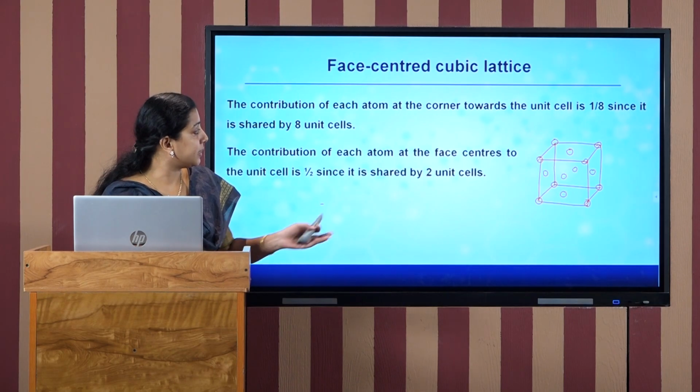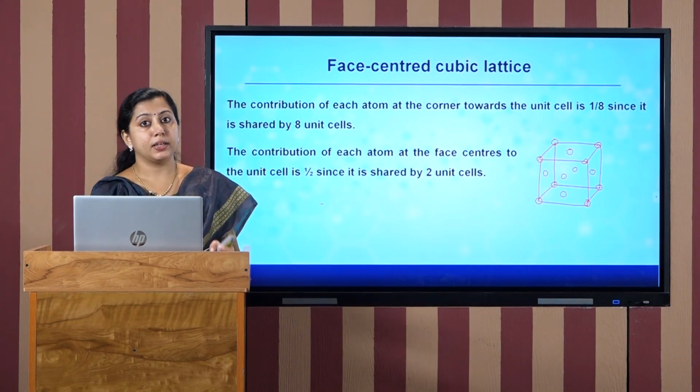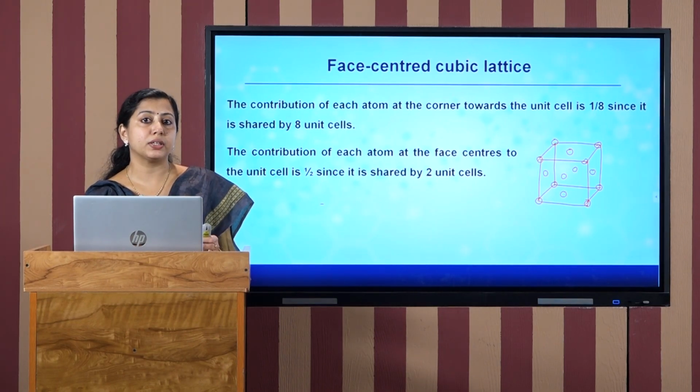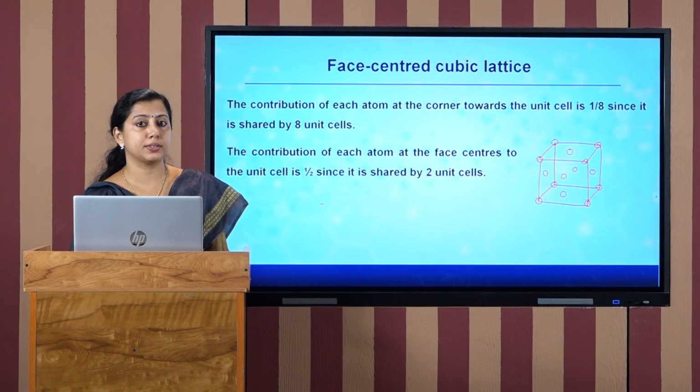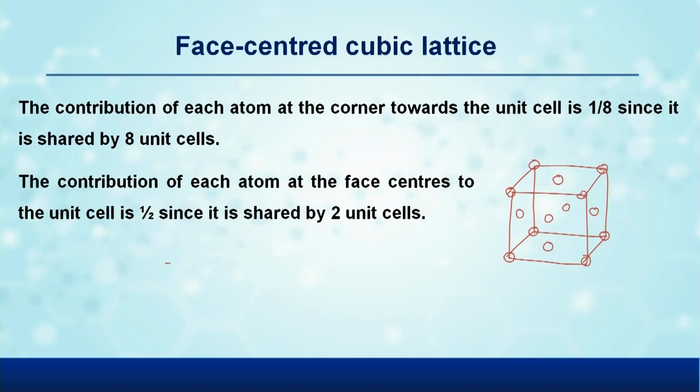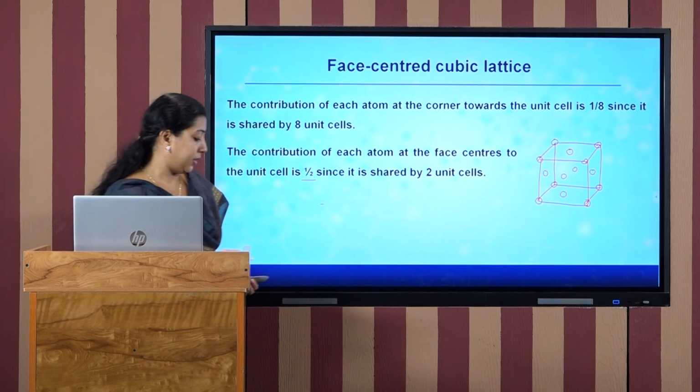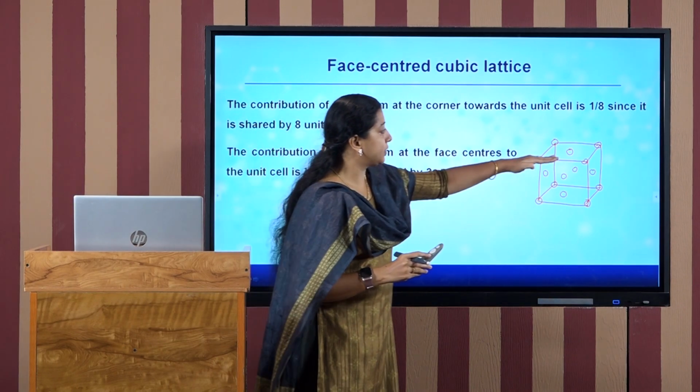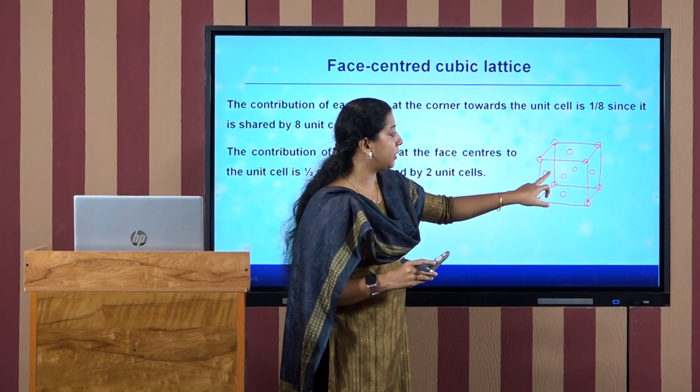Now, let us consider the second case, that is the atoms are present also at the centers of each face. The contribution of each atom at the face to the unit cell is 1 by 2, since it is shared by 2 unit cells.